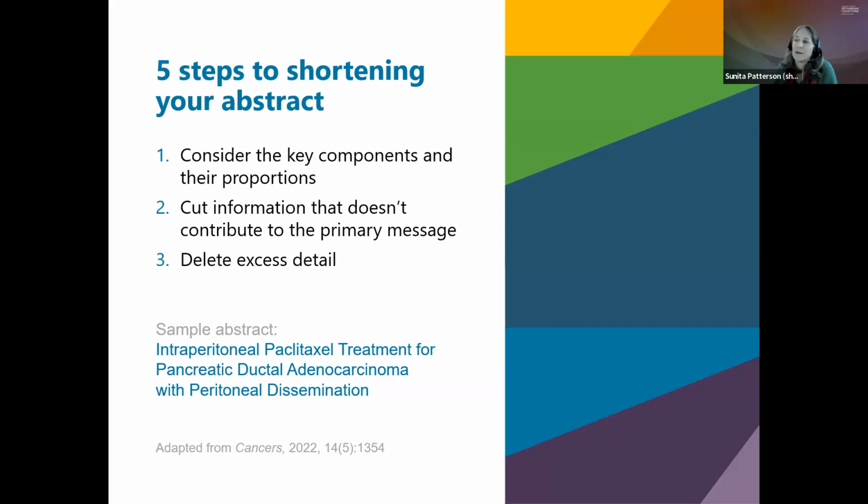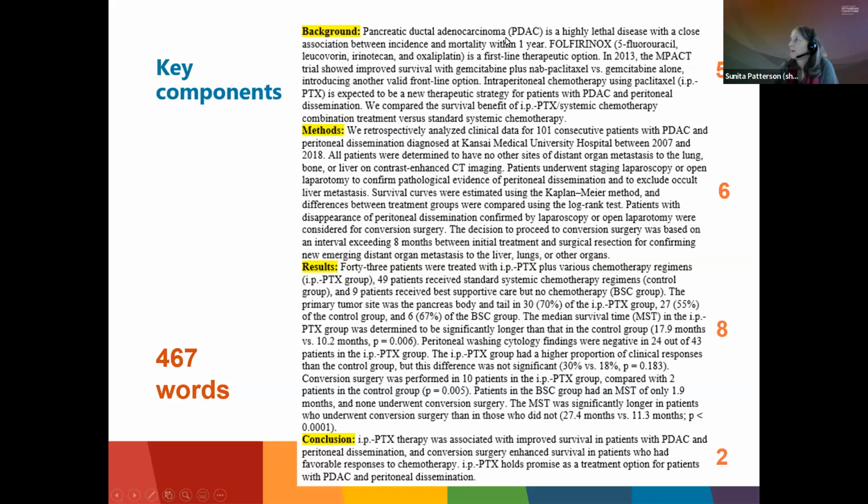But I'm wondering now if the purpose of the abstract could have been written a little bit better. The purpose doesn't mention anything about the conversion surgery, and maybe the background section should have had a little mention of that in order to make the abstract hang together better.